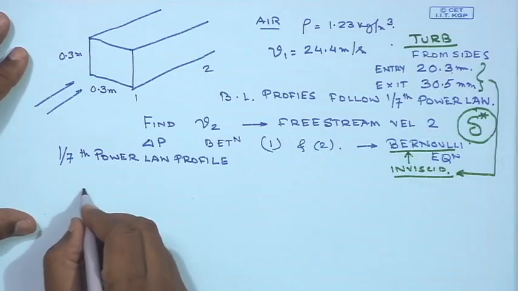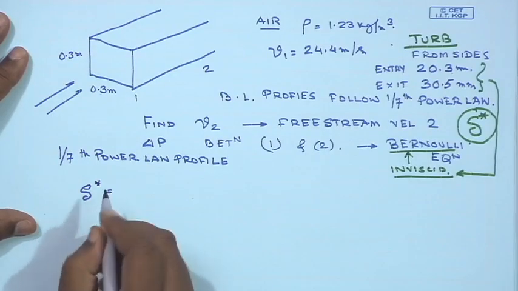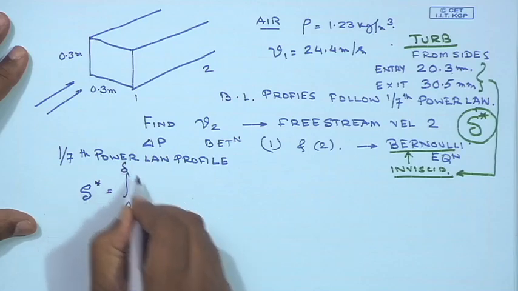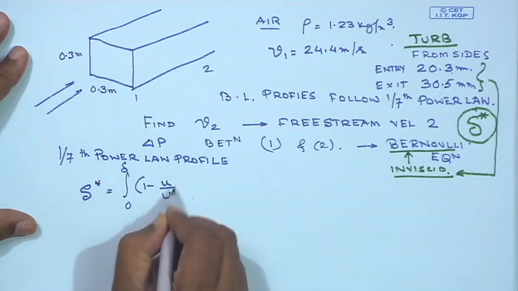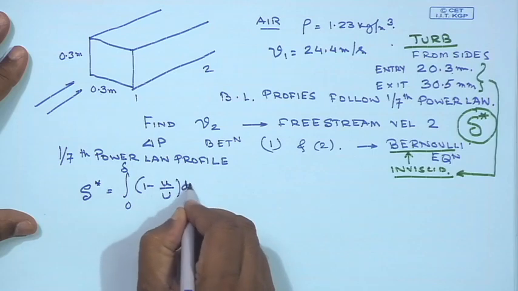So, the first thing one needs to do is find the expression of displacement thickness, and the value of displacement thickness if 1/7 power law is valid. So, that is what I am going to do in here. So, 1/7 power law profile would simply give you delta star as integral from 0 to delta of 1 minus u by U, times dy.